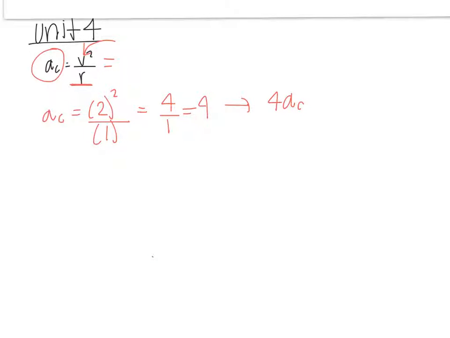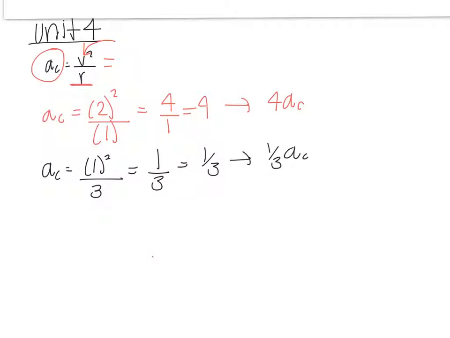What happens to a_c if r triples? I'm no longer concerned about v, so I'm going to put a 1 there. And then if r triples, 1 squared is 1 over 3, so a_c would be equal to 1/3. That would be 1/3 of the original centripetal acceleration.